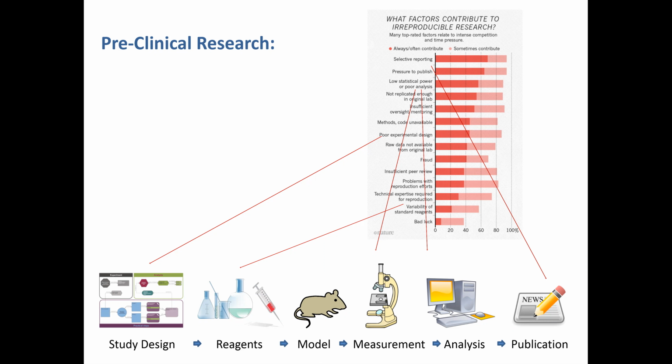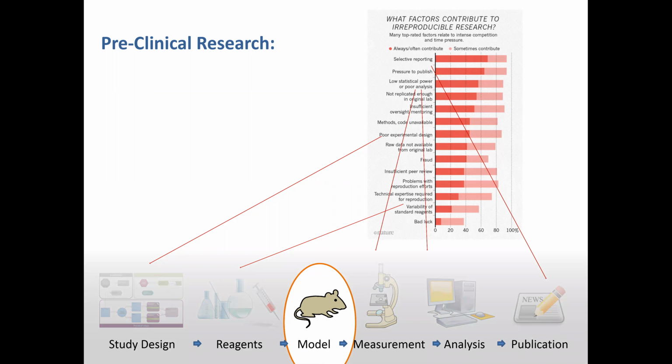But the interesting point is actually what's not here. Of all these questions asked and all these reasons given for poor reproducibility, none is actually concerning the model itself. And this is surprising because it seems that the animal model should be rather central.